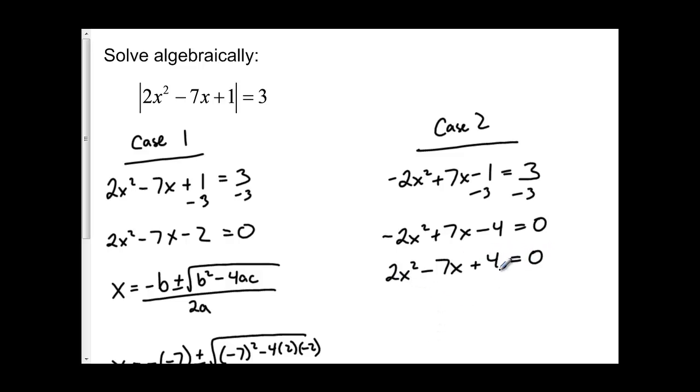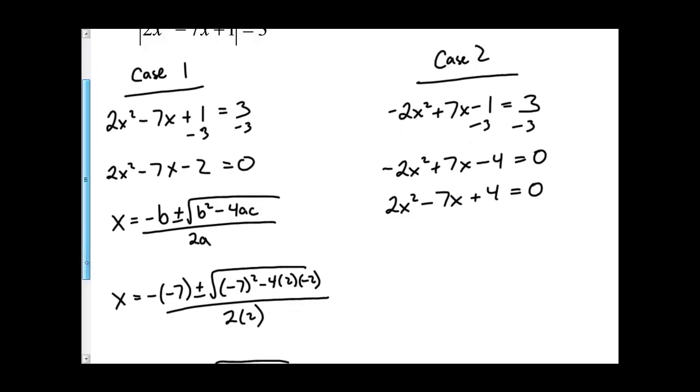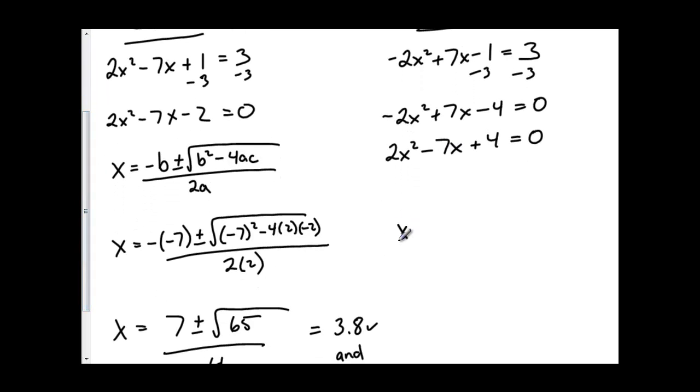So now I'm looking for something to multiply to +8 and add to -7. Again, there's no such answer. It's not going to work. So I'm going to have to substitute this one into the quadratic formula as well.